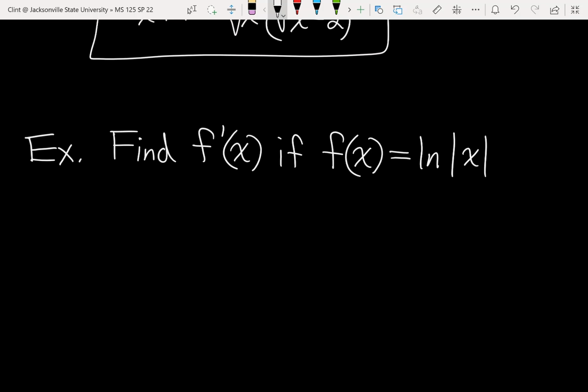So one reason why a function like this comes into play is if we just have natural log of x, what's our domain?